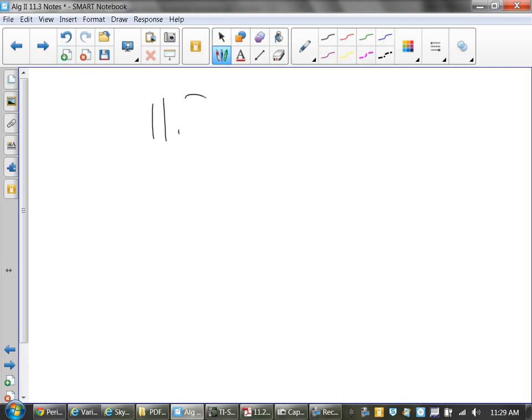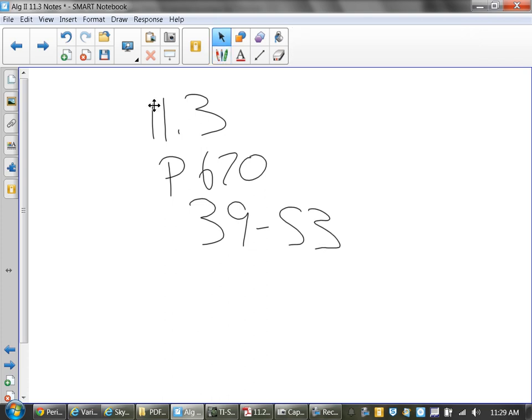Section 11.3, page 670. We'll continue this with the summation stuff tomorrow. It gets a little messy, not gonna lie.